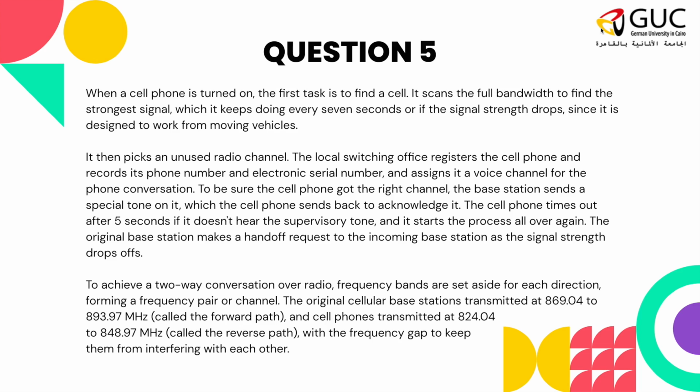Therefore, the mobile phone or the cell phone must receive in this particular range. However, the cell phone transmits at a totally different range. Therefore, the cell base station must receive in this particular range that the cell phone is transmitting to. Okay, and there is a gap in between to prevent any interference.